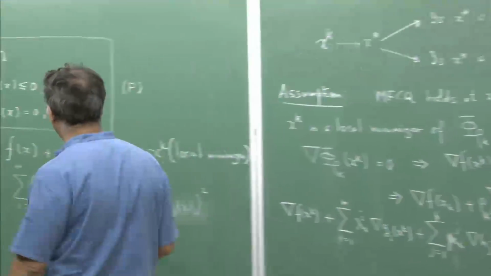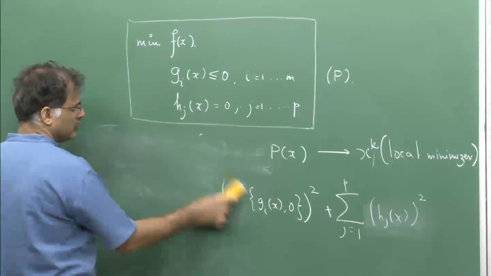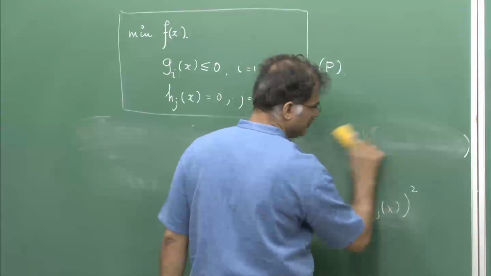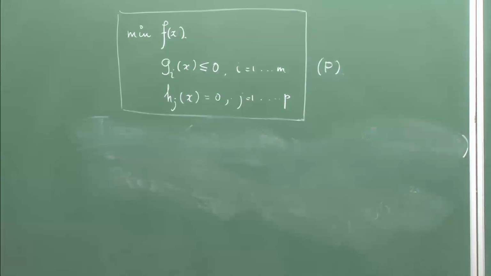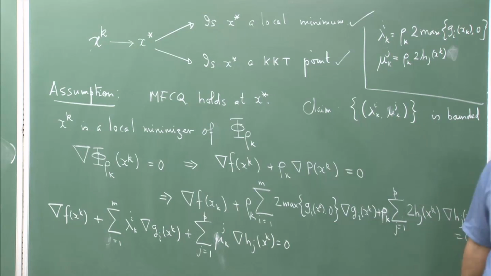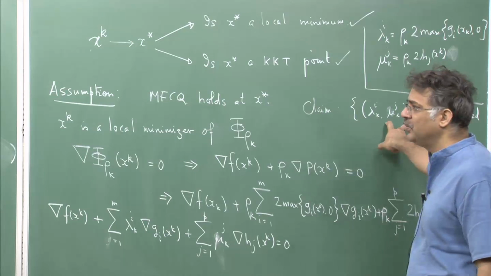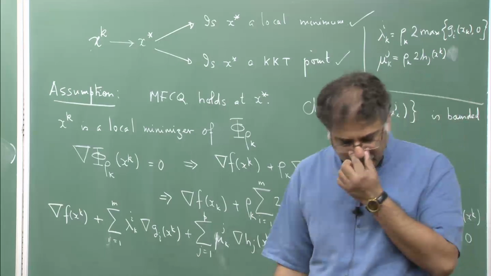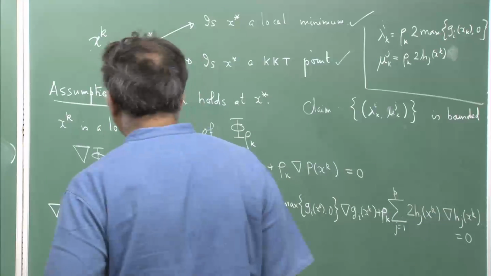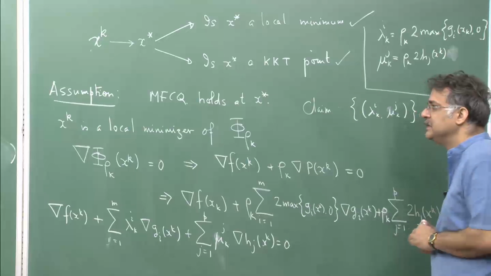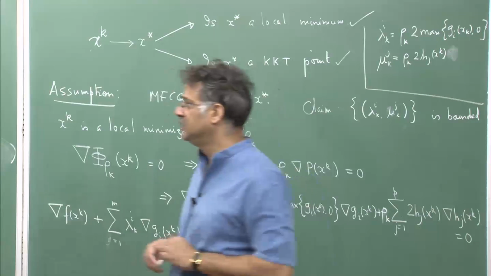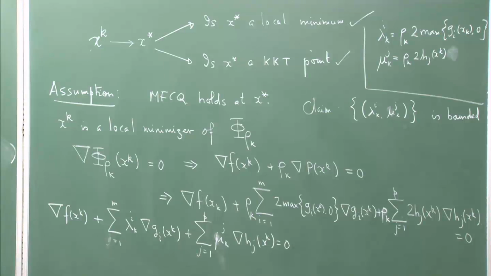Let me see what happens if I assume that this claim is false, and we will assume that this is unbounded. This is the mathematician's biggest weapon actually: proof by contradiction.